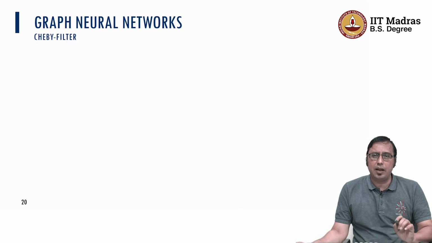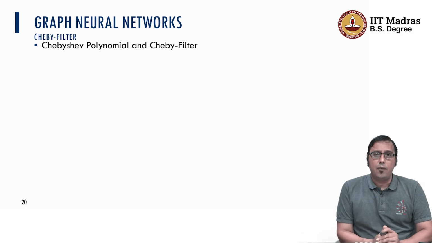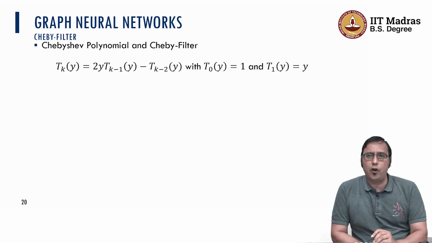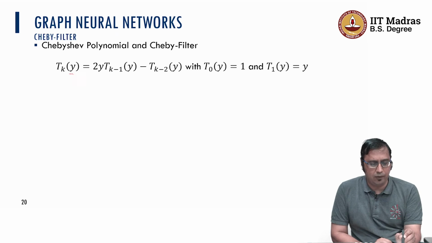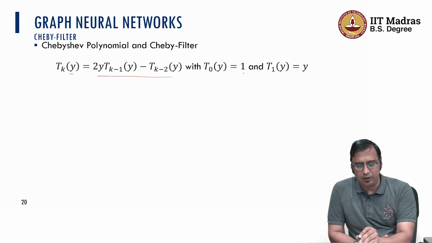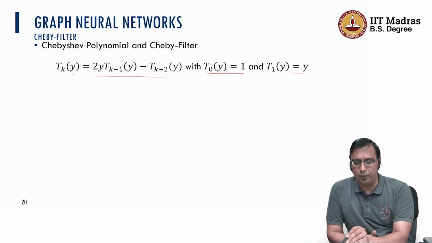And hence people have started looking at other filters, and the Chebyshev filter is one of them, which is based on the Chebyshev polynomial. So what is the Chebyshev polynomial? The Chebyshev polynomial of some variable y, T_k(y), can be computed using the formula 2y T_{k-1}(y) minus T_{k-2}(y), with initialization T_0(y) equal to 1 and T_1(y) equal to y.